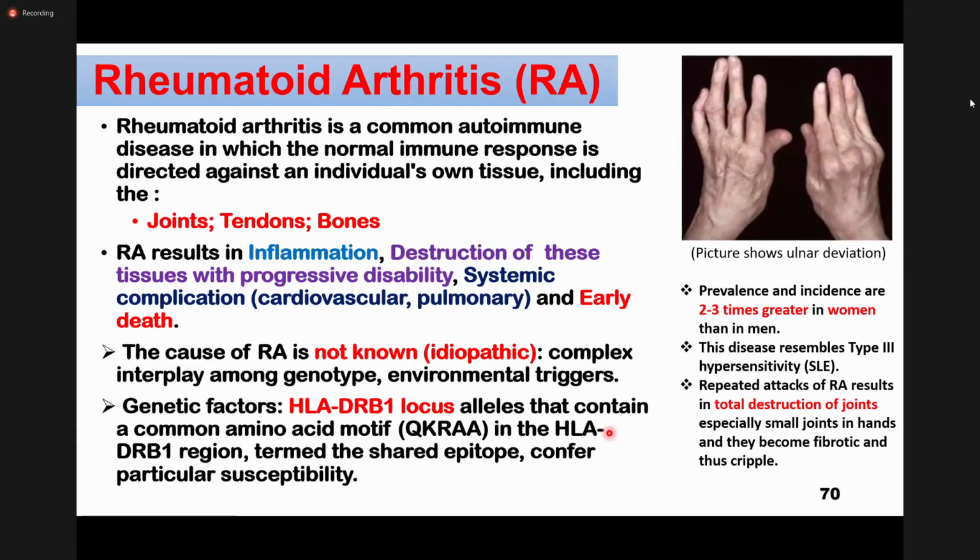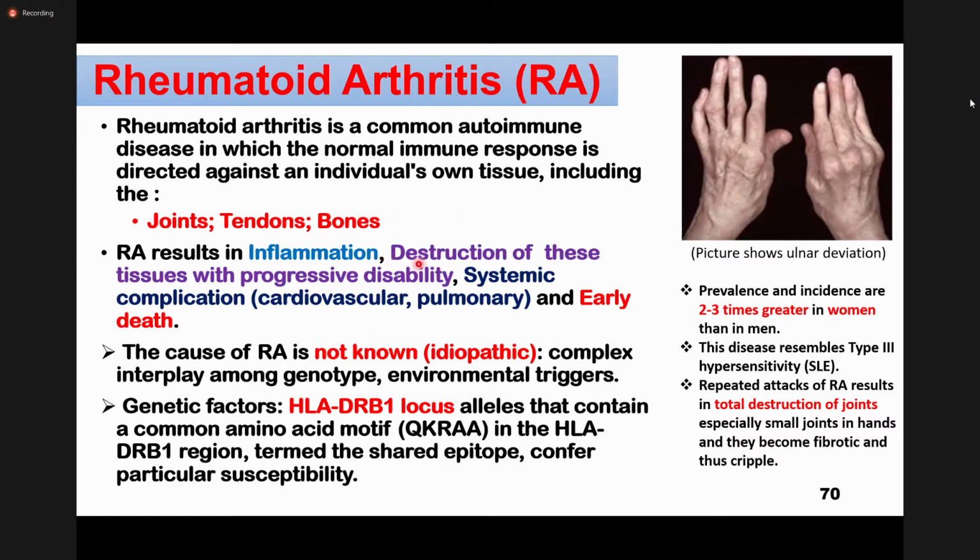And the other one is the disease of the joints, okay, that happens in the joints, for example, rheumatoid arthritis, a common autoimmune disease, an abnormal immune response directed against an individual's own tissue, your own tissue, okay, mostly the joints, tendons, and the bones.